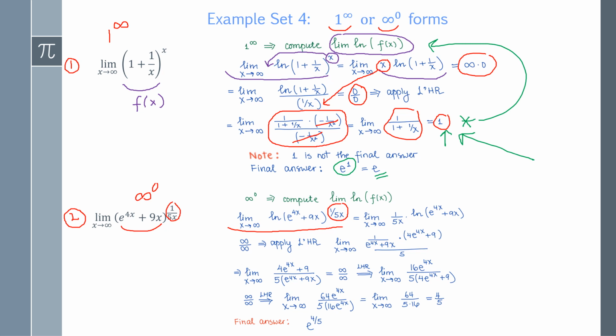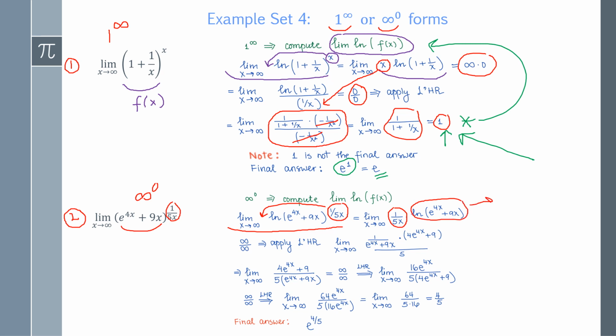Okay, so here's the step where I bring this down as the coefficient. And now I have the form infinity over infinity, right? Because I have natural log in the numerator. As x goes to infinity, so does this.